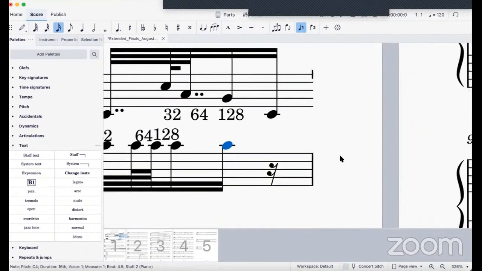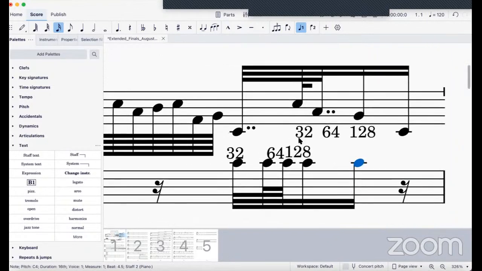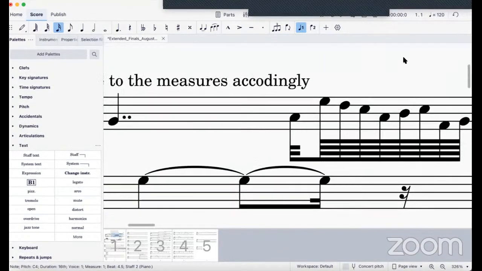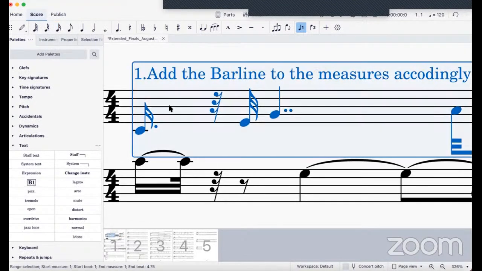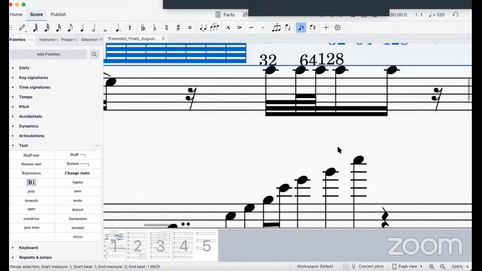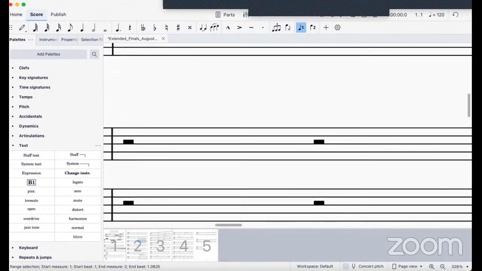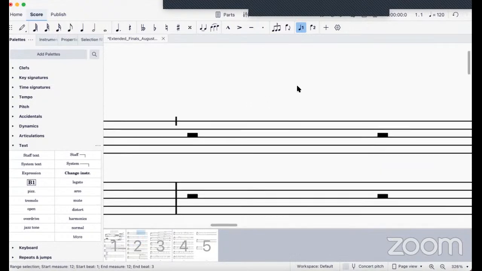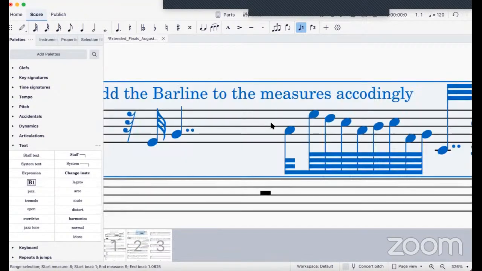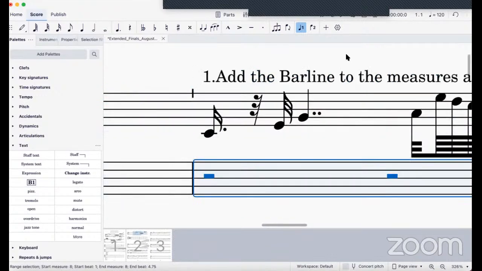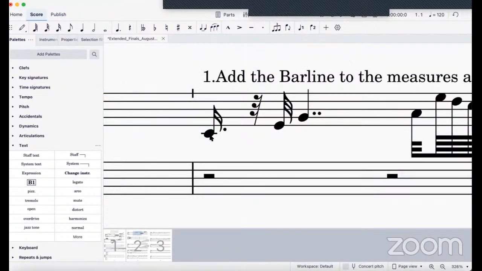Let me write in another line. I'm going to write it here, okay? So one dotted 16th plus a 32nd is equal to an eighth note.